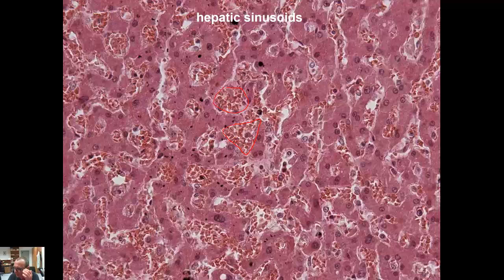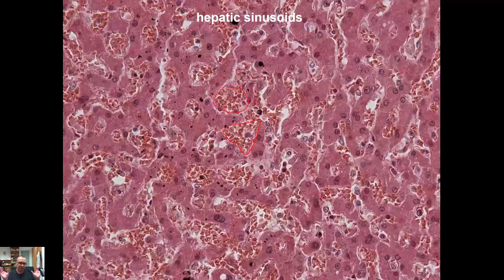Normal typical capillaries have less than 10 micrometers in diameter. Sinusoids can measure 40 micrometers in diameter, and so they can contain many erythrocytes.